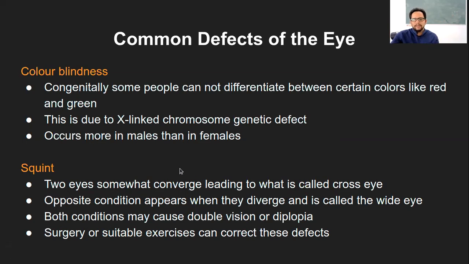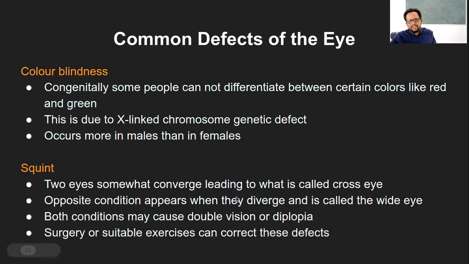So two eyes may somewhat converge, leading to what is called cross eye. Converge means the eyeballs are pointing towards the center, but the person is looking outside. And the opposite condition is when the eyeballs are diverging, but the person is looking towards the center. So that is wide eye.